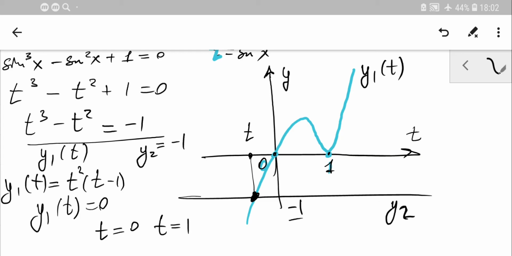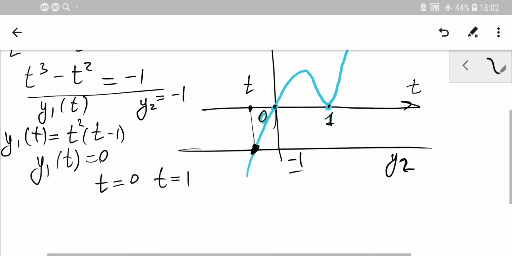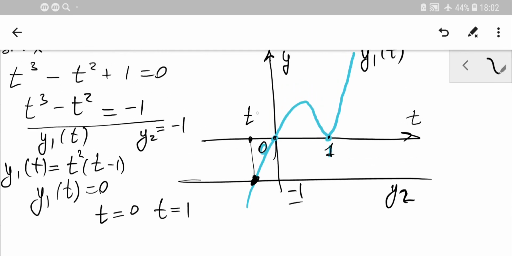I input x cubed minus x squared plus 1 and look at how many solutions there are. We get a point around negative 0.75, which is pretty precise.